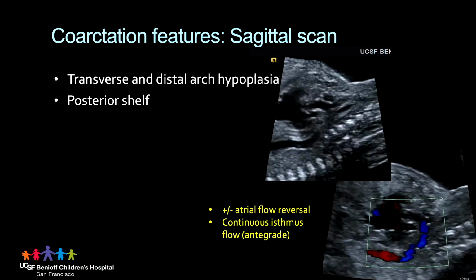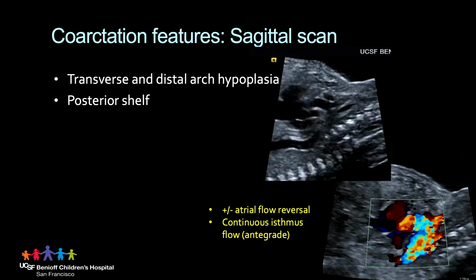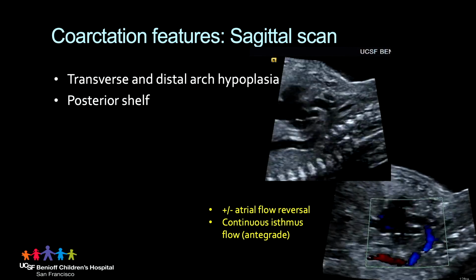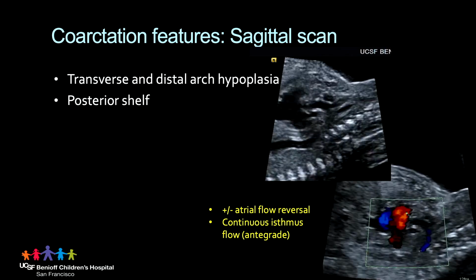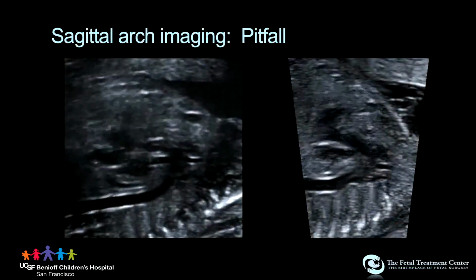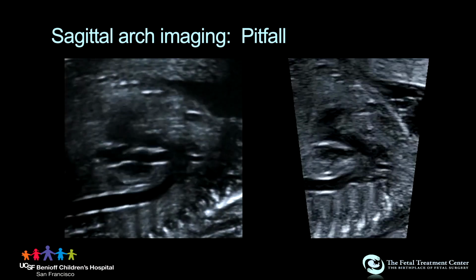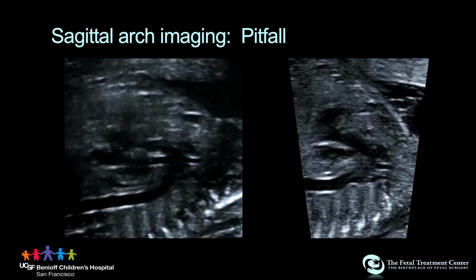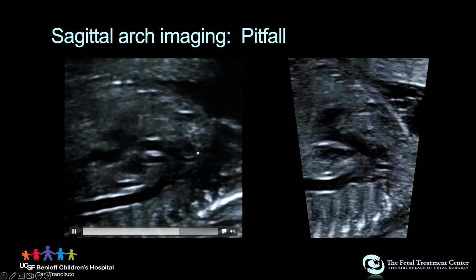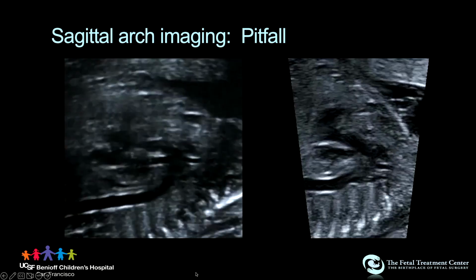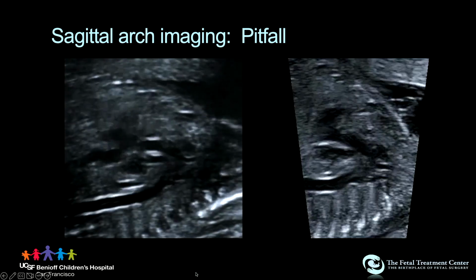But it can contribute some sort of evidence that there might be a coarctation, especially if it looks small in your 2D image. The problem with the sagittal arch, as I alluded to earlier, though, is if you look in this image here, you might get fooled and say, I think the arch looks okay. You see the head and neck vessels, but what you're actually seeing here is you're going in and out of the ductal arch and the aortic arch.